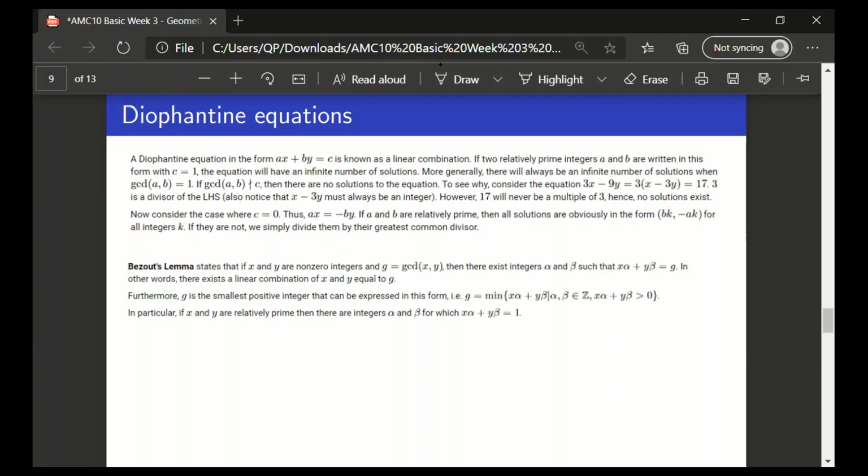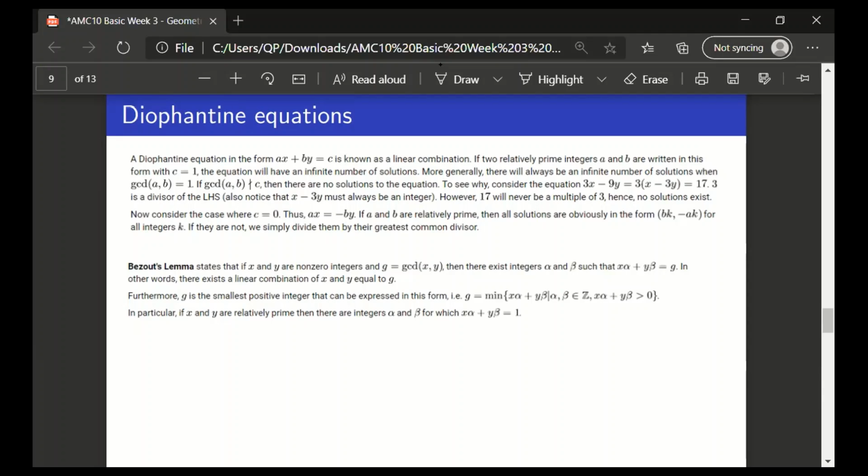If two relatively prime integers a and b are written in this form with c equals 1, the equation will have an infinite number of solutions. More generally, there will always be an infinite number of solutions if the GCD of a and b divides c. If the GCD of a and b does not divide c, then there are no solutions to the equation.